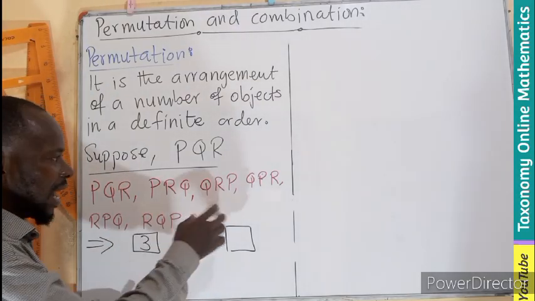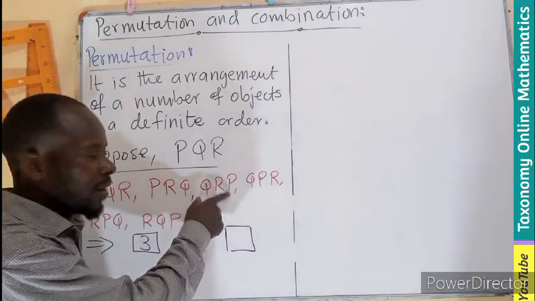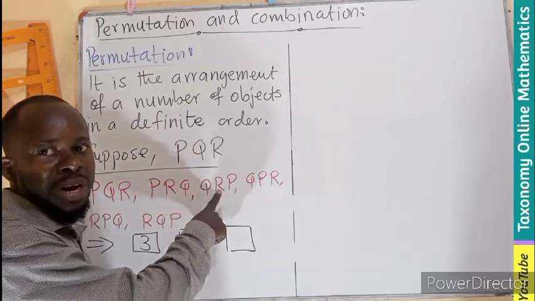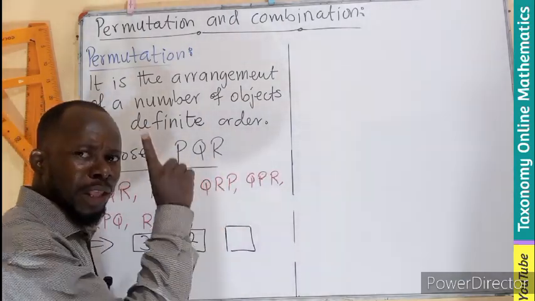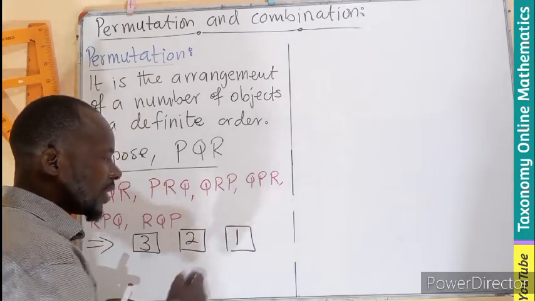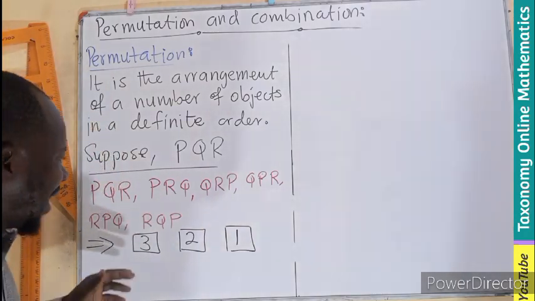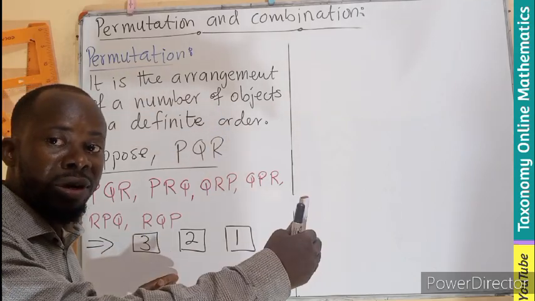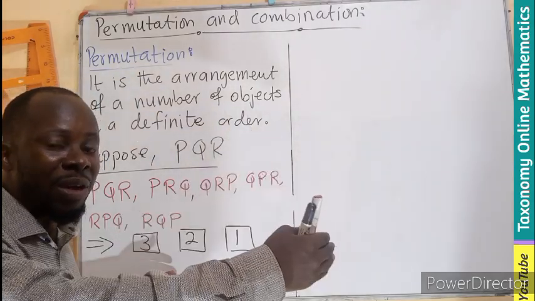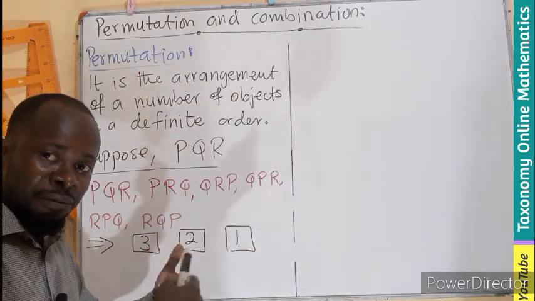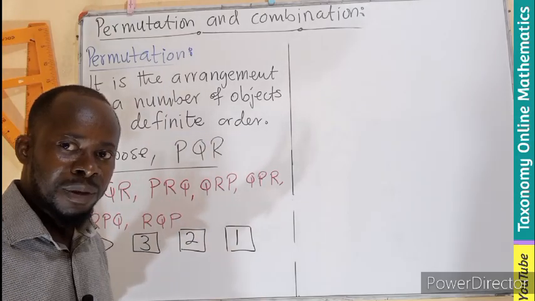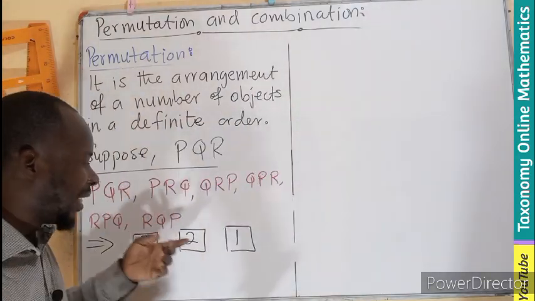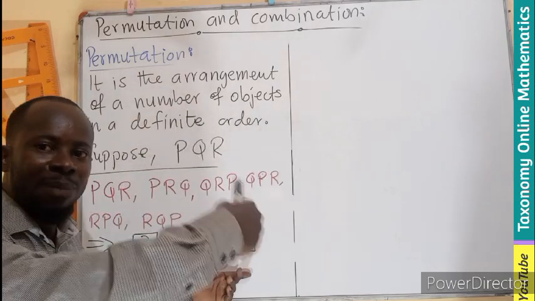So let's just say I am taking this as a selection. First letter is selected, second letter is selected. How many other ways can I select the last letter? That will be 1. So remember that the selection of P does not affect the selection of Q. It does not affect that of R. So by the fundamental principle of counting, this is selected followed by this independently.